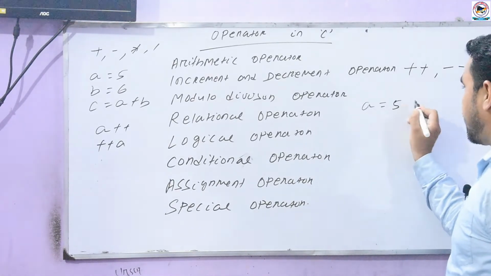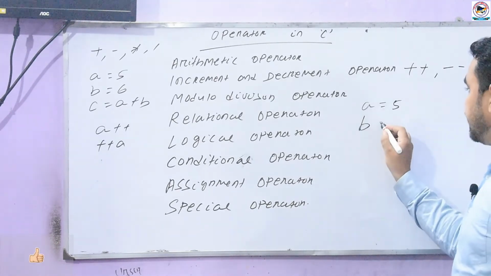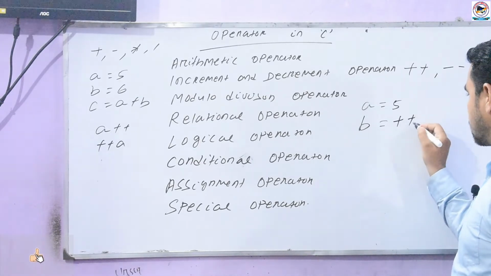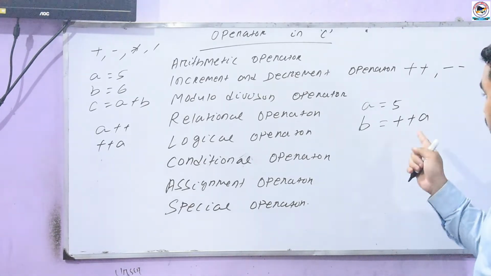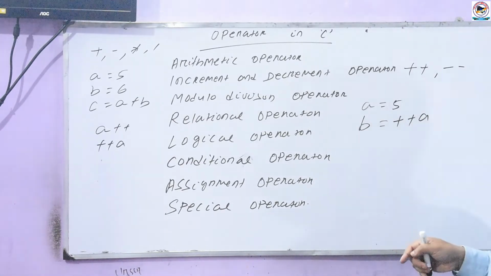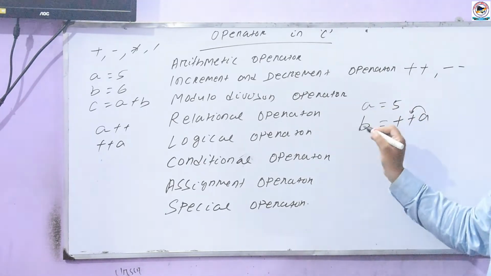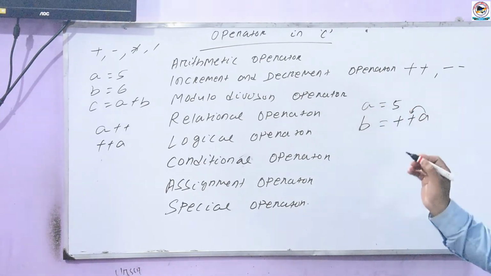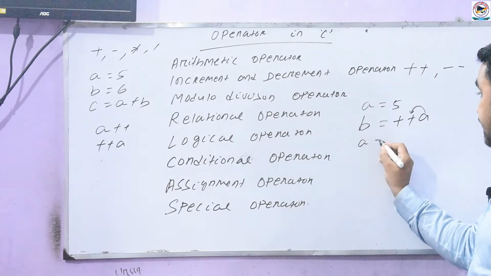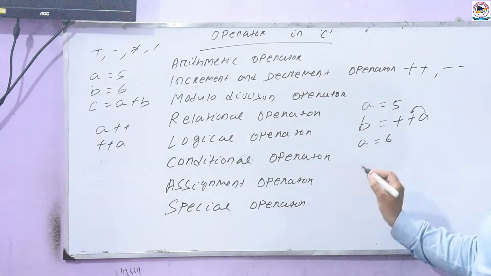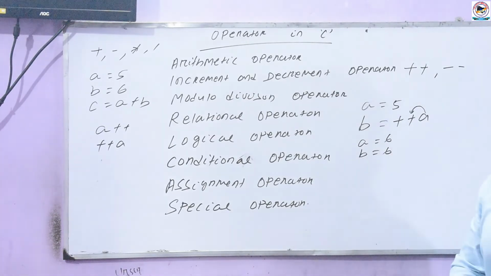A is equal to 5, B is equal to plus plus A. Here in prefix, it first increases the value of A and then stores it into B. So the value of A is 6 and B is also 6.